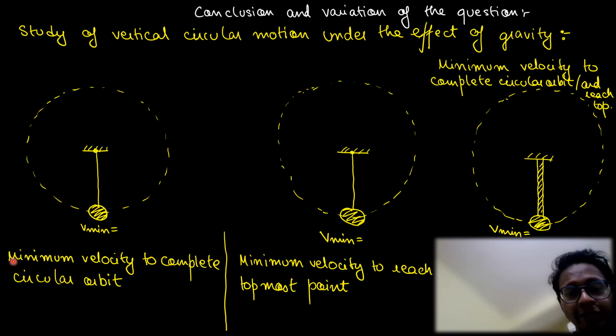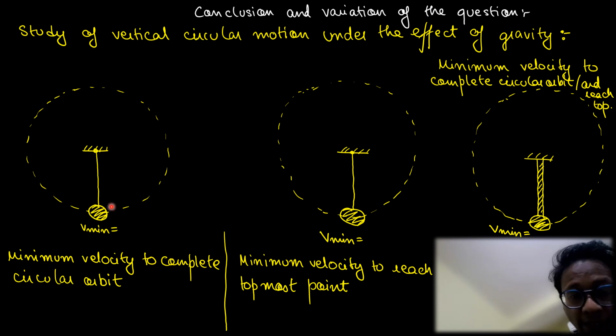In the first case, the minimum velocity to complete a circular orbit, what will happen is the contact forces, either the tension forces, or if the circular path has an outside roadblock or some kind of ramp, then the normal forces.